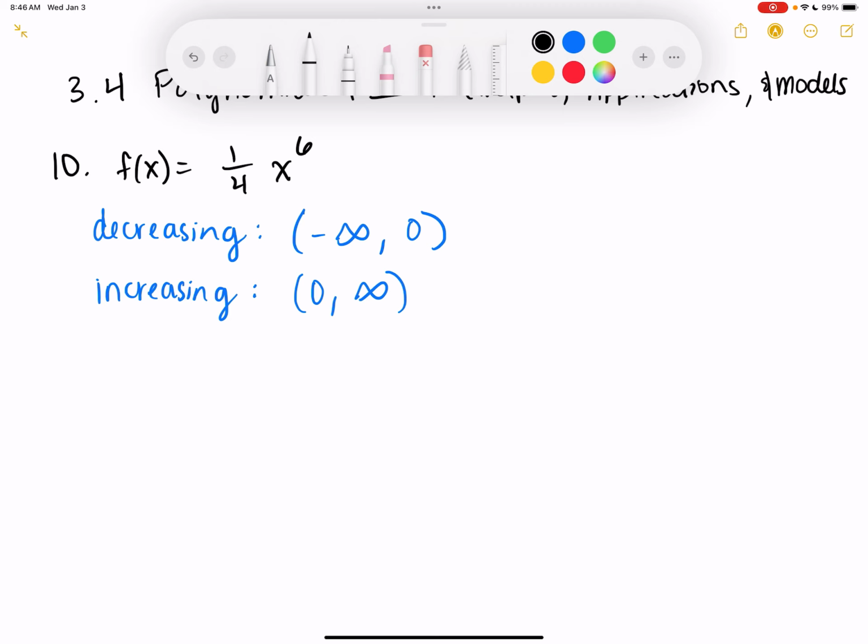Let me check this one before I... Okay. 16. This one should be easier to see. F of x is equal to x plus 2 cubed minus 1.